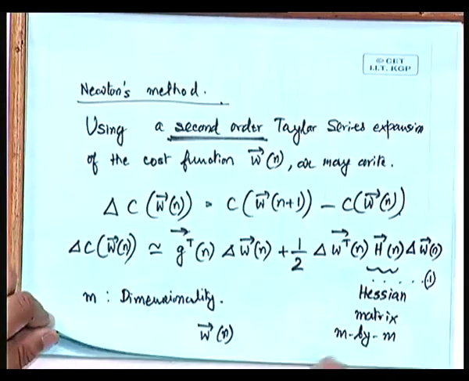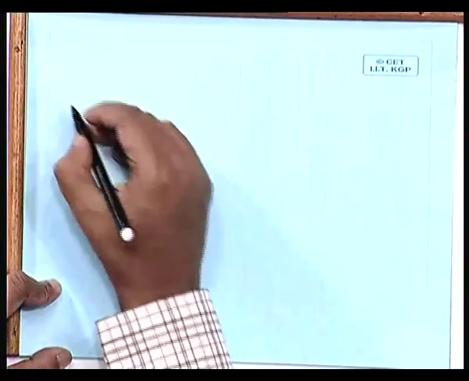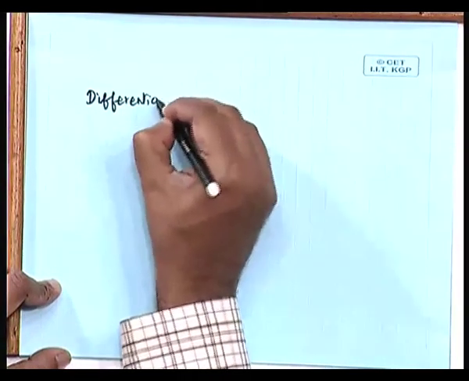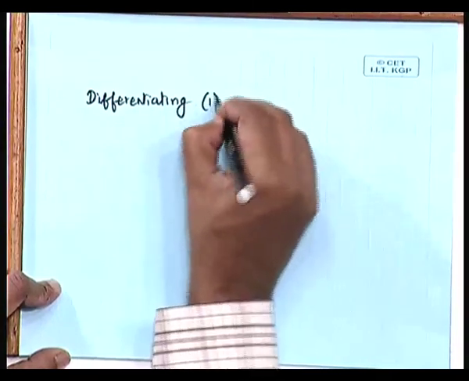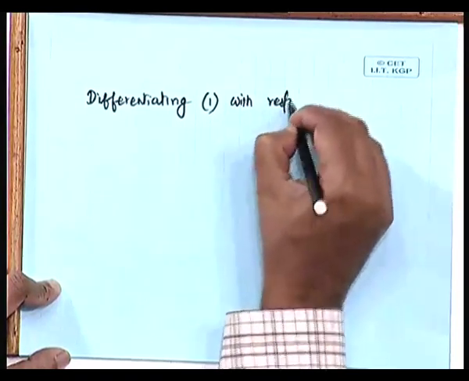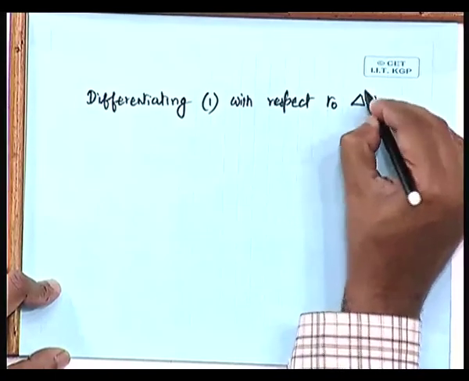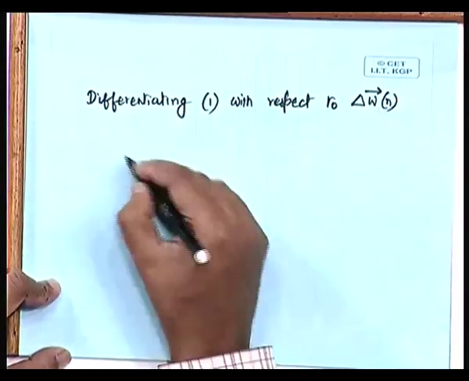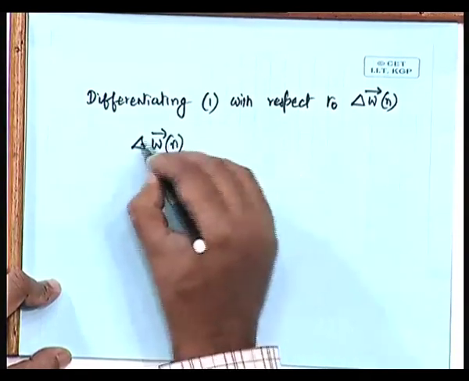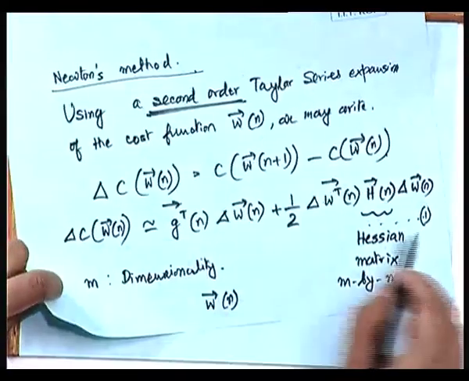Then differentiating equation number 1 with respect to delta W. This is what we have to differentiate, right, this one.